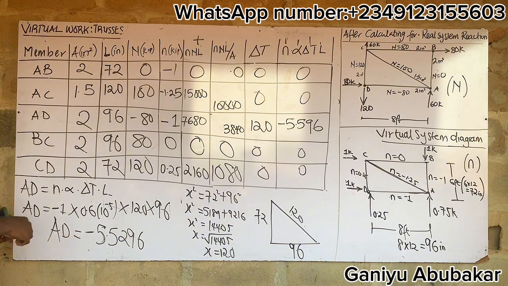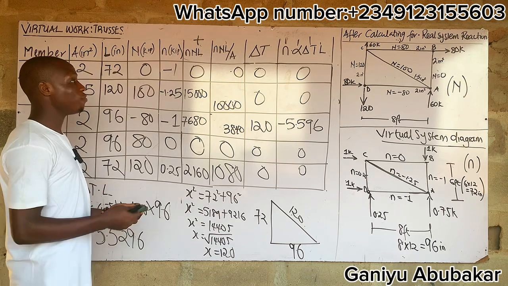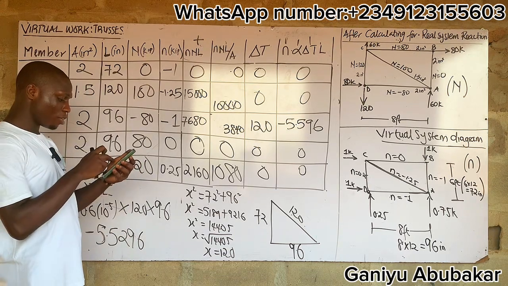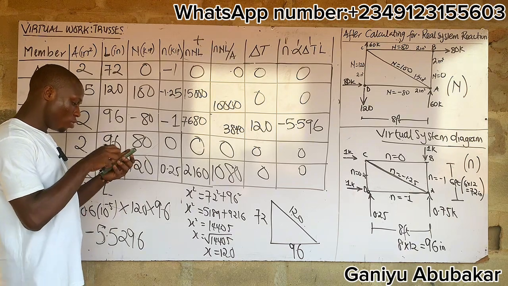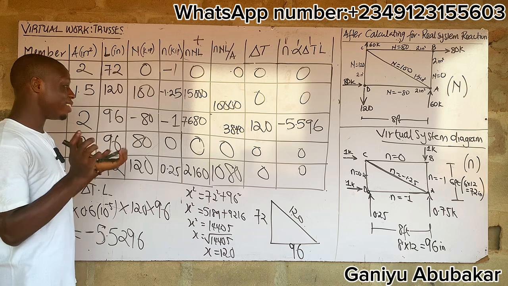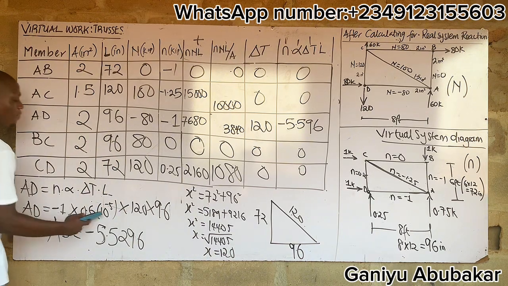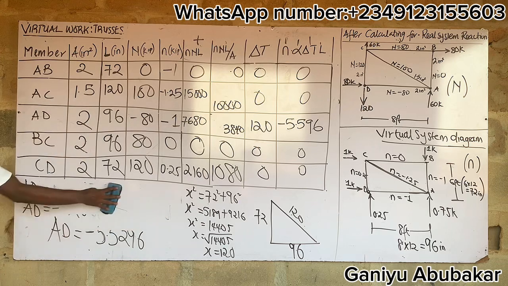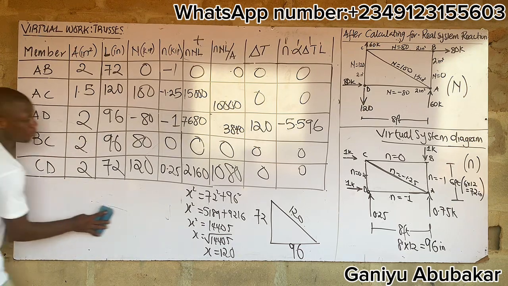So here's the thing now. This question says find the vertical displacement of joint C, right? So how do I do that? To find the vertical displacement of the joint, go and recall a formula.